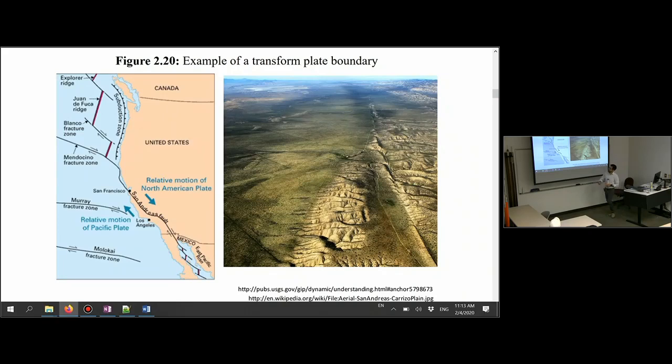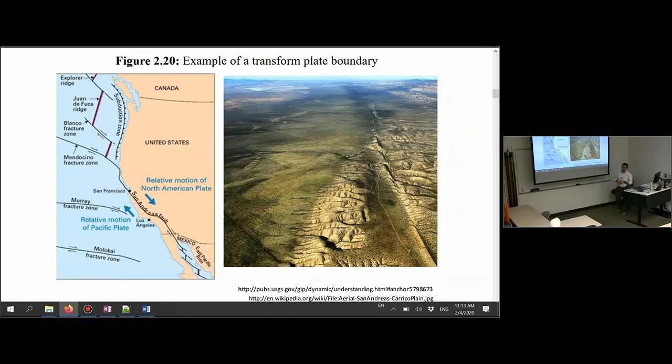In this example, we see a map here of the west coast, and here you have the San Andreas Fault. And next to that San Andreas Fault, if you go with Google Map or with some picture from an airplane, you will see something like this, in which you have two parts that are moving with respect to each other and kind of like shearing with respect to each other.